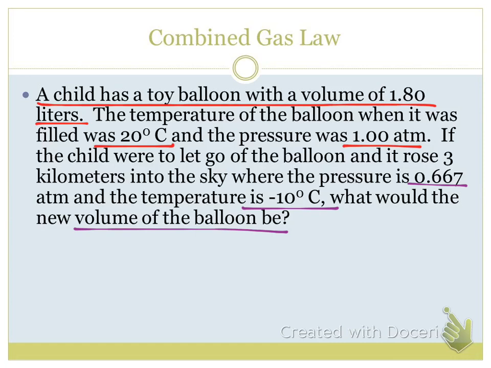Okay, so I put in red the initial, and I put in purple the final. Do we care the fact that it rose 3 kilometers into the air? No, we don't care. So you've got to think about weeding out the information that you don't need. So V1 equals 1.8.